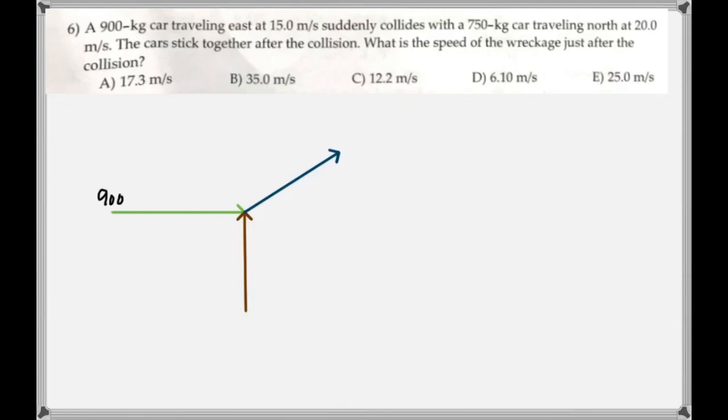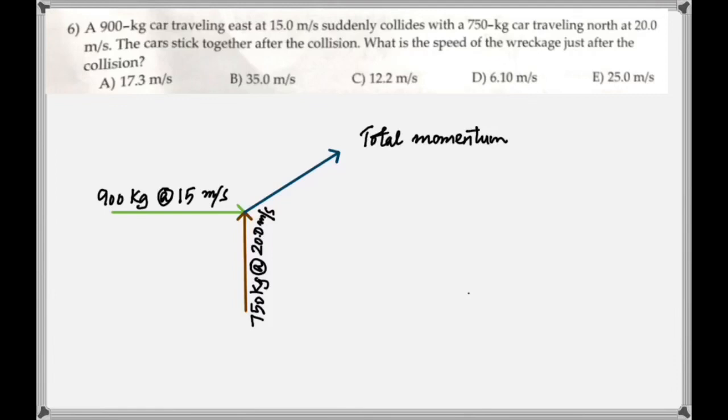And put those numbers, 900 kilogram at 15 meters per second. The other one is 750 kilogram at 20 meters per second. And here we know that the total mass is going to be together. Anyways, find the total momentum before collision. And since these are two vectors, like I said, you cannot add them.